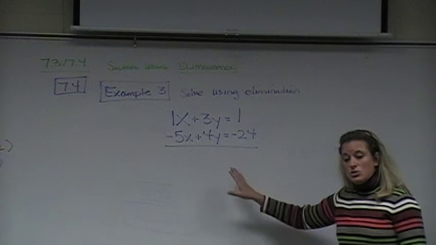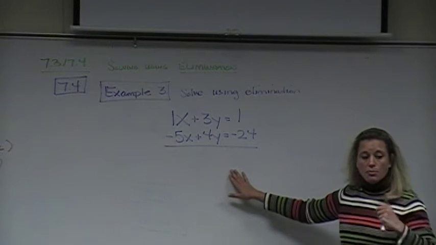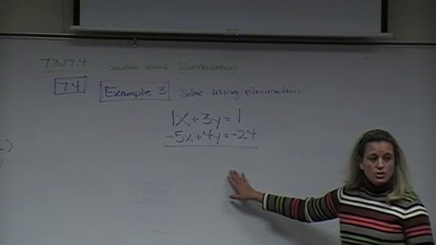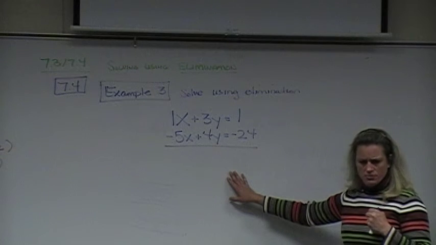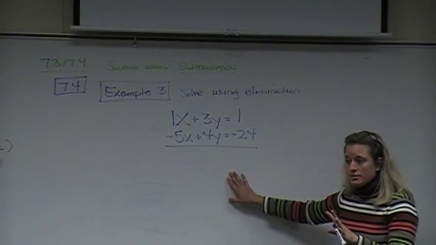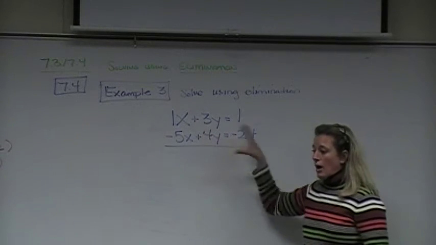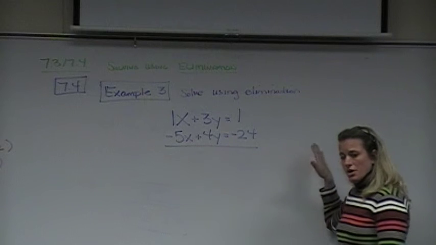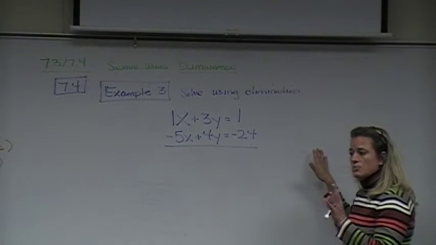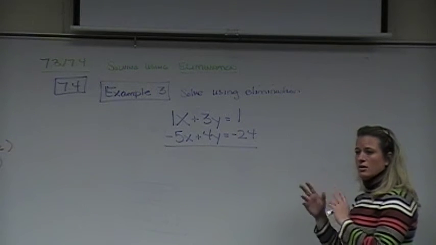That means to eliminate my y's, I'd have to multiply both equations. Do I really want to multiply 2 equations if I don't have to? But I could: I could multiply the top equation by 4 and the bottom equation by 3. But what makes more sense than eliminating y?